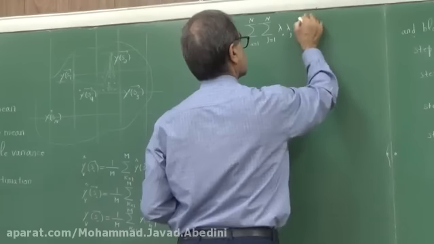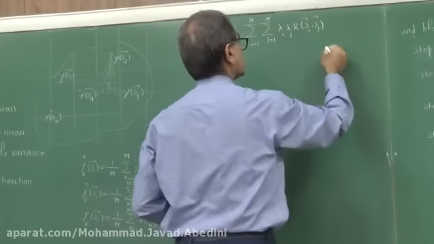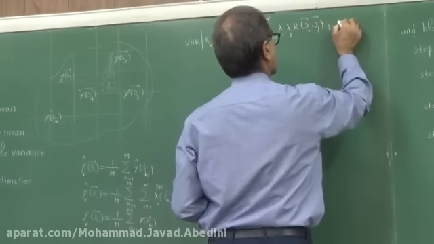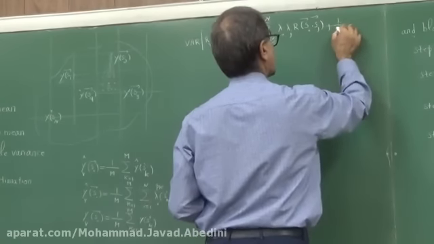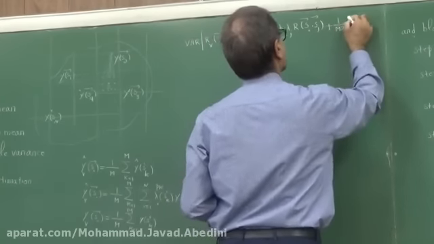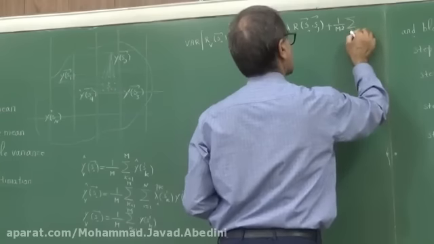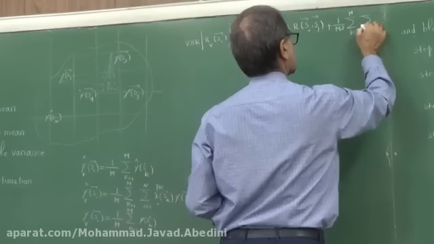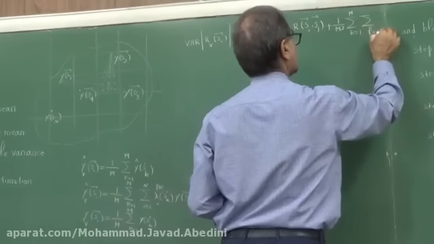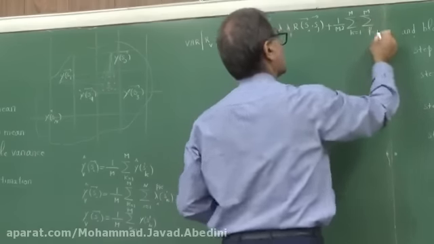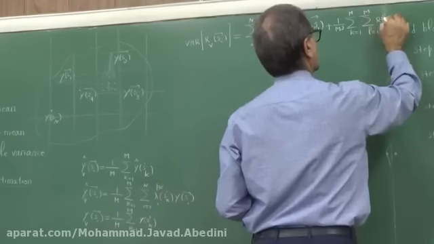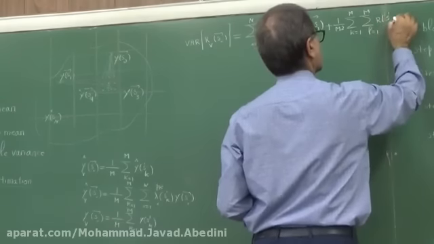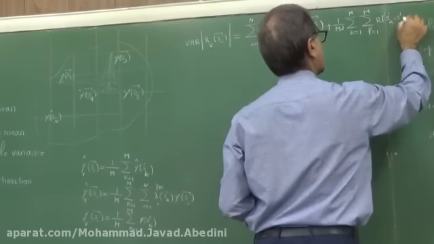This is the first term, plus 1 over m square, summation k from 1 to m, summation l from 1 to m, r sub S prime k, S prime l.